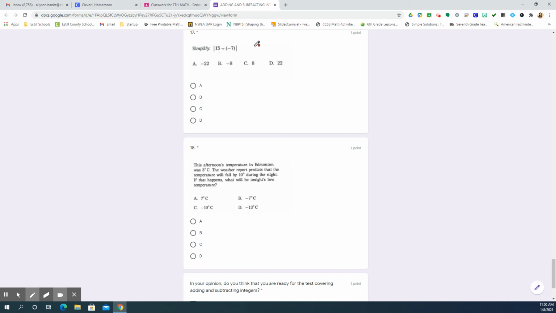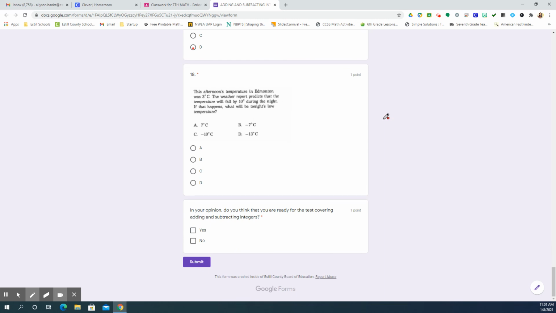So, in other words, if you go ahead and do your change, so 15 minus negative 7, change is 15 plus 7. And 15 plus 7 is 22. And it's just saying how far, that's what those lines are. How far is 22 from 0? Well, negative 22 is 22 from 0, and so is 22. So the answer is D. It's just distance from 0 is 22.